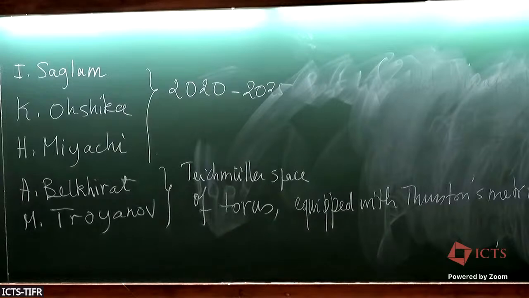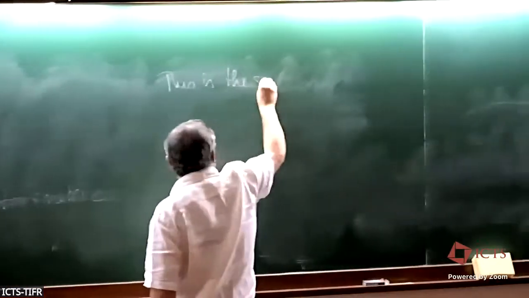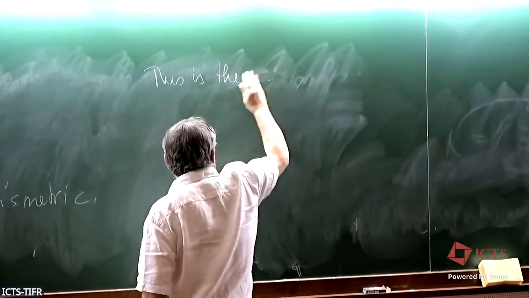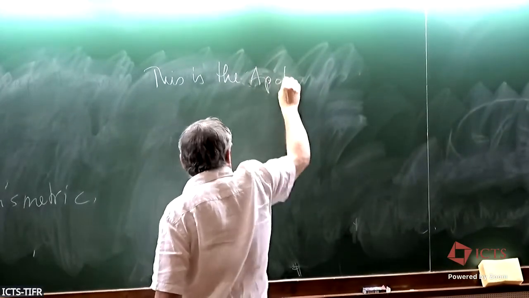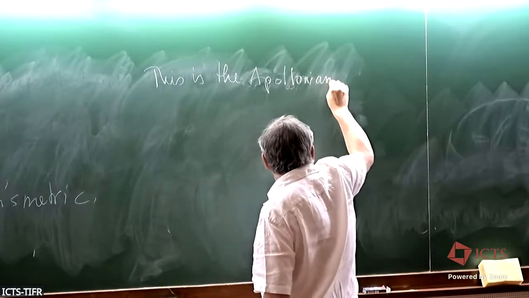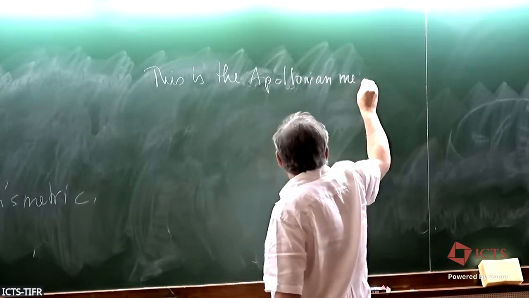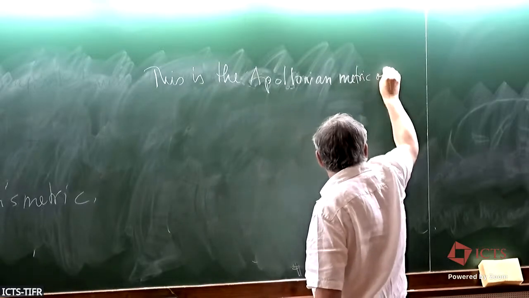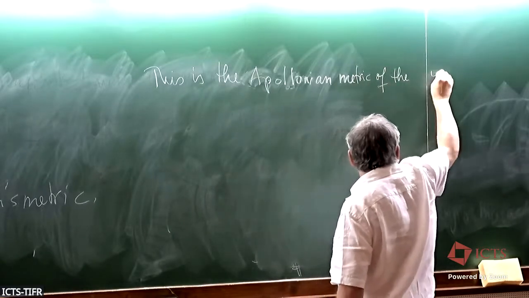So it turns out, now I'm talking about this metric. When I talk about this metric, it means this one. This metric is the Apollonian metric of the upper half plane.